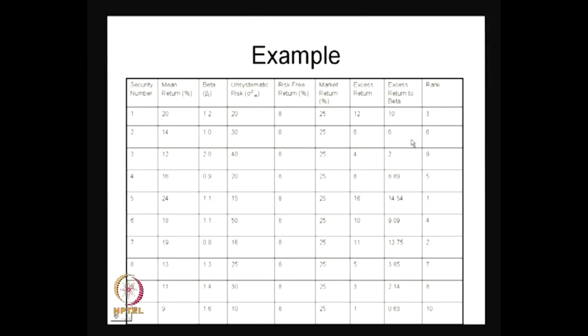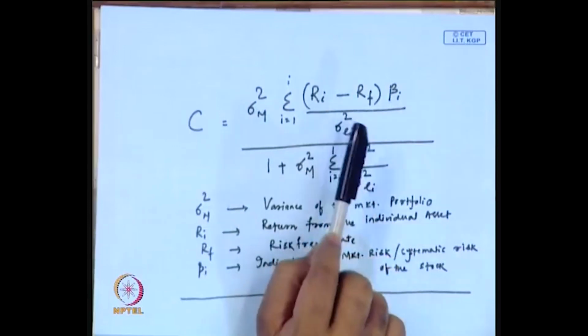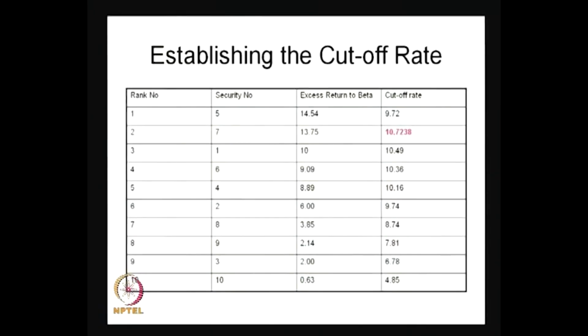After calculating this, we have to use the cutoff rate formula, which I have already given here, and calculate the cutoff rate from there. If you observe, these are the rank numbers 1, 2, 3, 4, 5, 6, 7, 8, 9.